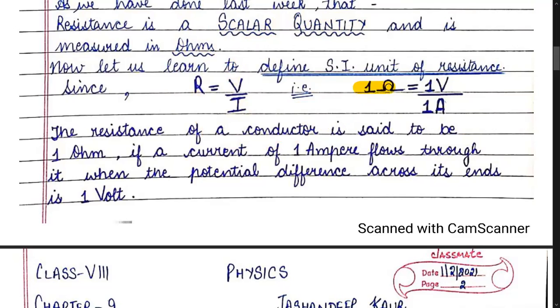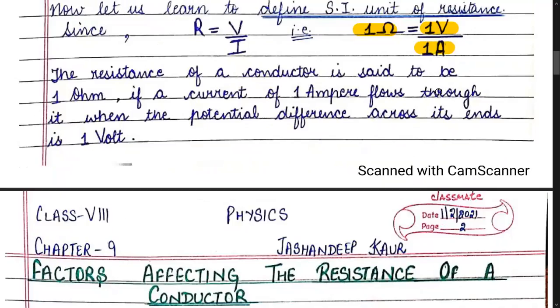So we have replaced all the physical quantities with their SI units. Now, what is 1 ohm? It is equal to 1 volt divided by 1 ampere. This is the mathematical relation. Now let us formulate the definition of 1 ohm.